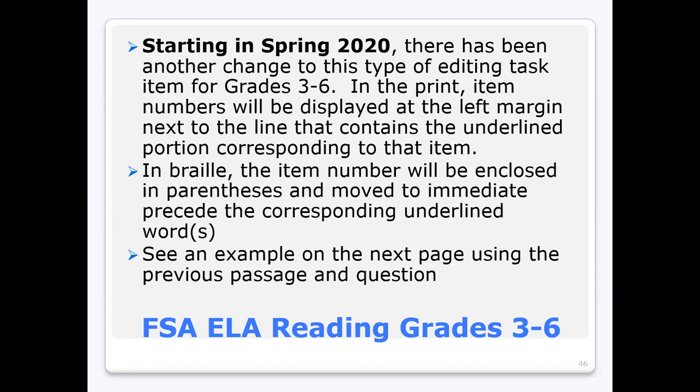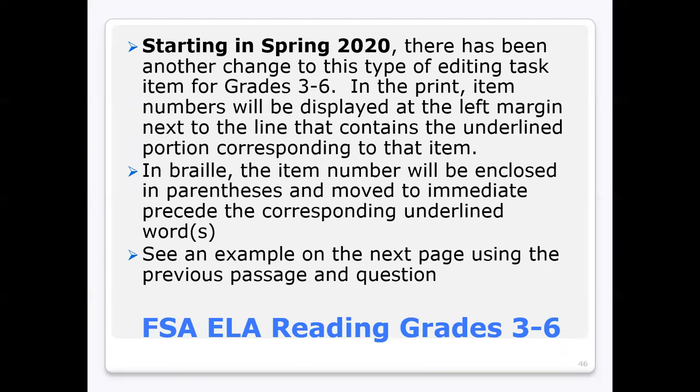It'll make more sense when I show you the example next. In Braille, the item number is going to be enclosed in parentheses and moved so it immediately precedes the beginning of whatever is underlined, the corresponding underlined word or words. So, example on the next page.